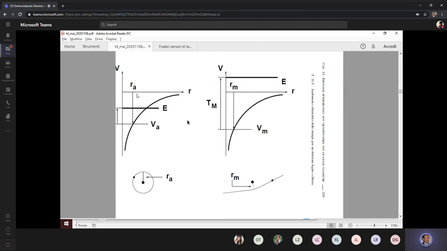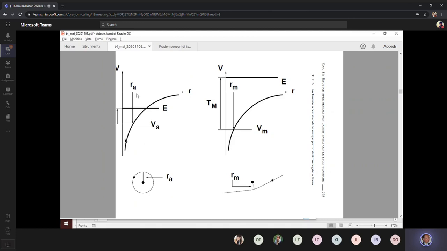potential energy and of the total energy in a single diagram, if you look at the left-hand side of the figure, okay, we report the potential energy V as a function of the modulus of R. You remember that V is inversely proportional to R, so we have a hyperbola.